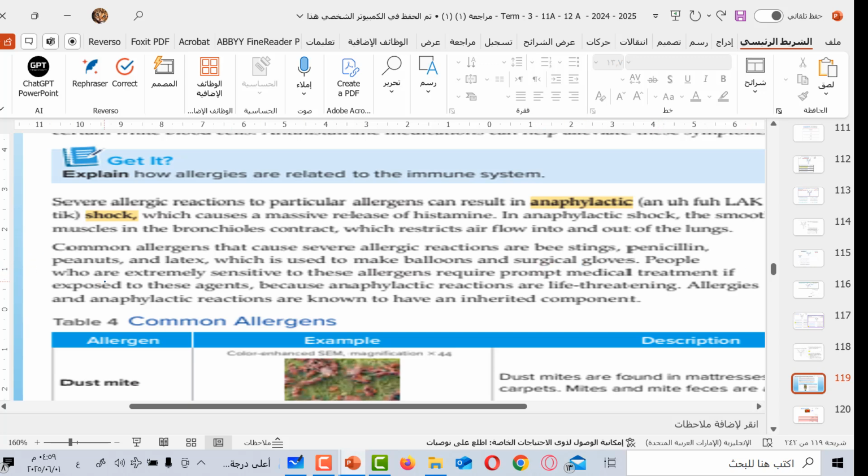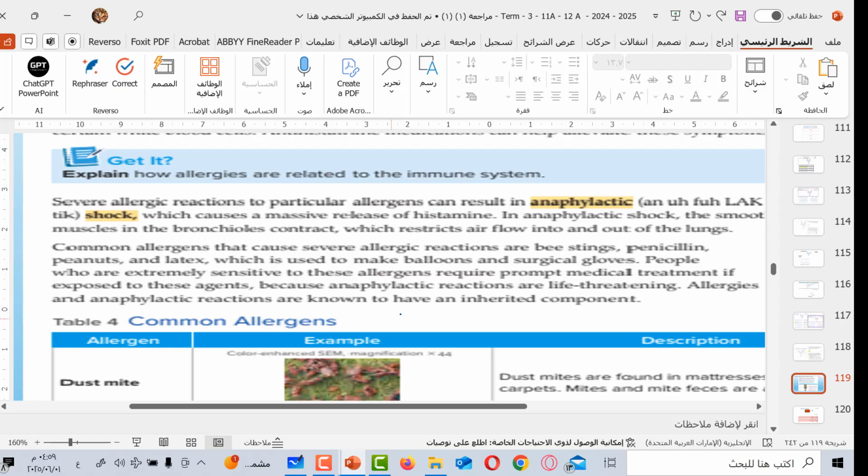People who are extremely sensitive to the allergens require prompt medical treatment if exposed to this agent.